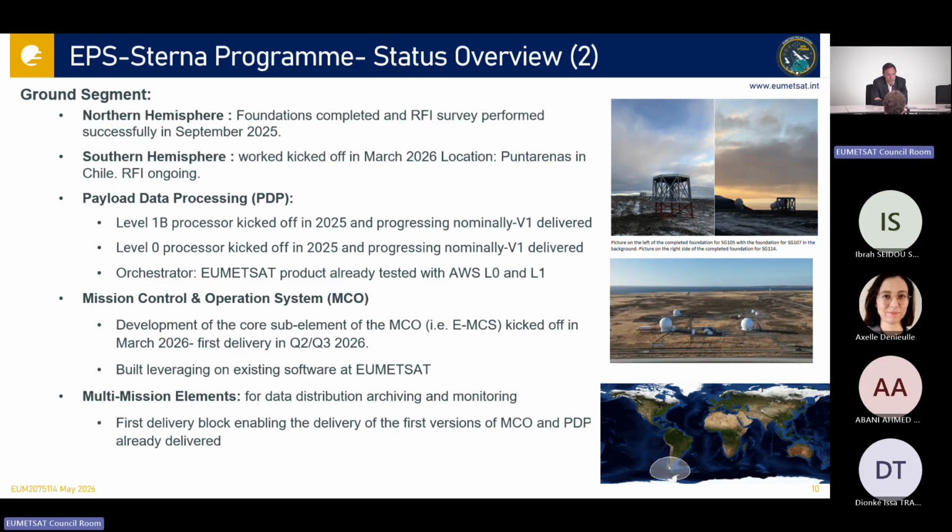And the mission control system is maybe one of the few parts which are not completely reused, which is also being developed. The work is ongoing together with the multi-mission elements as well, which are undergoing a number of key points in order to deploy an environment ready for this subsegment.